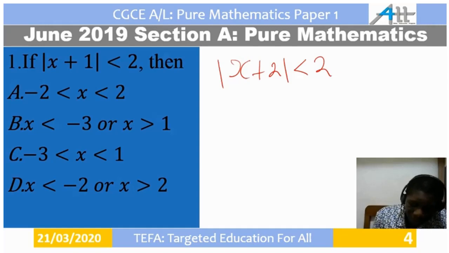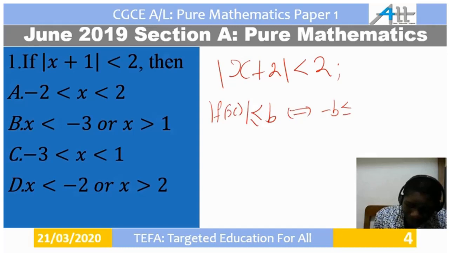Now for every function, if we have the absolute value of a function, say f of x, less than or equal to b, what that simply means is that f of x lies between the interval -b and +b.